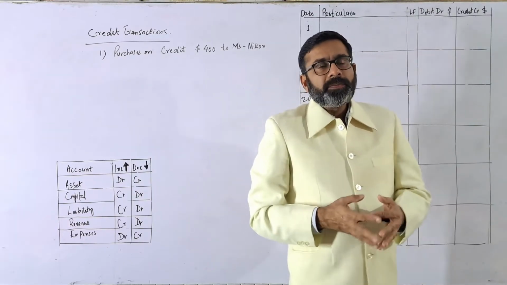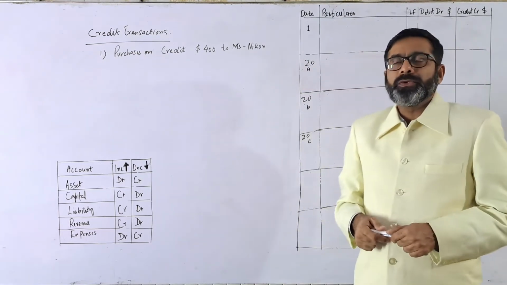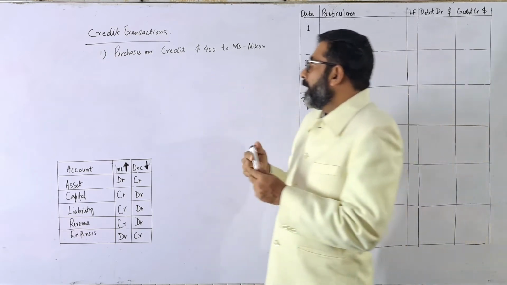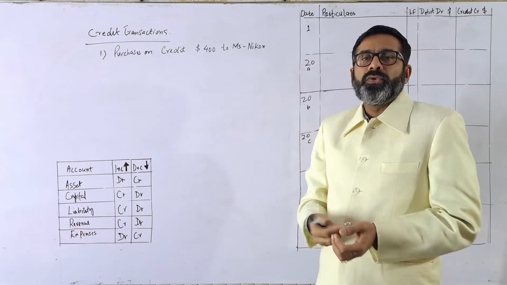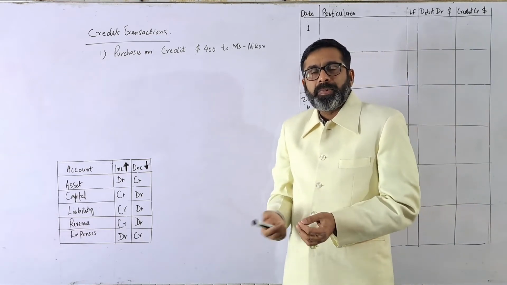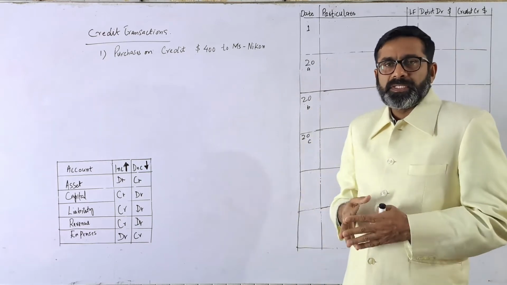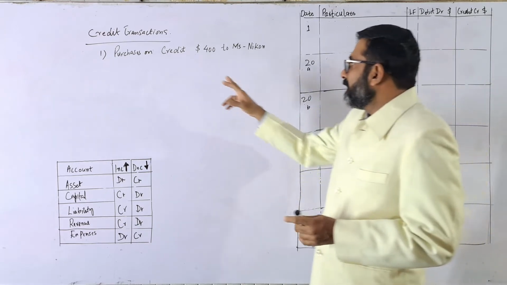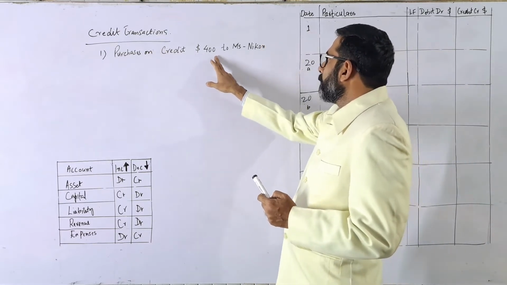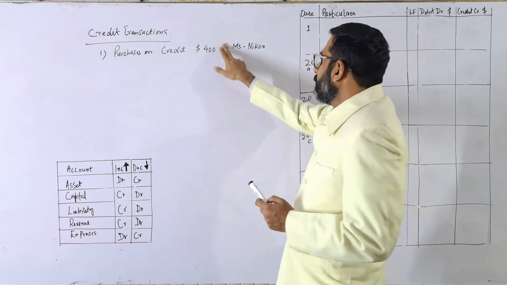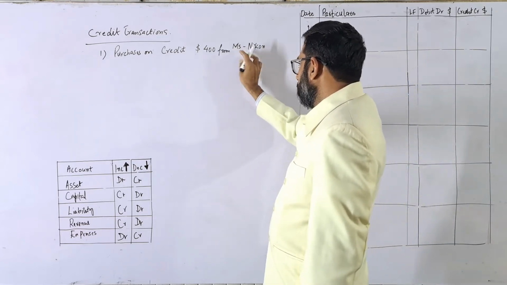Okay, the second transaction that we are going to discuss is related to purchases. Purchases means the purchases of the goods which are for reselling purposes or for production purposes. The business is purchasing the goods on credit basis, from Messrs. Nikon.